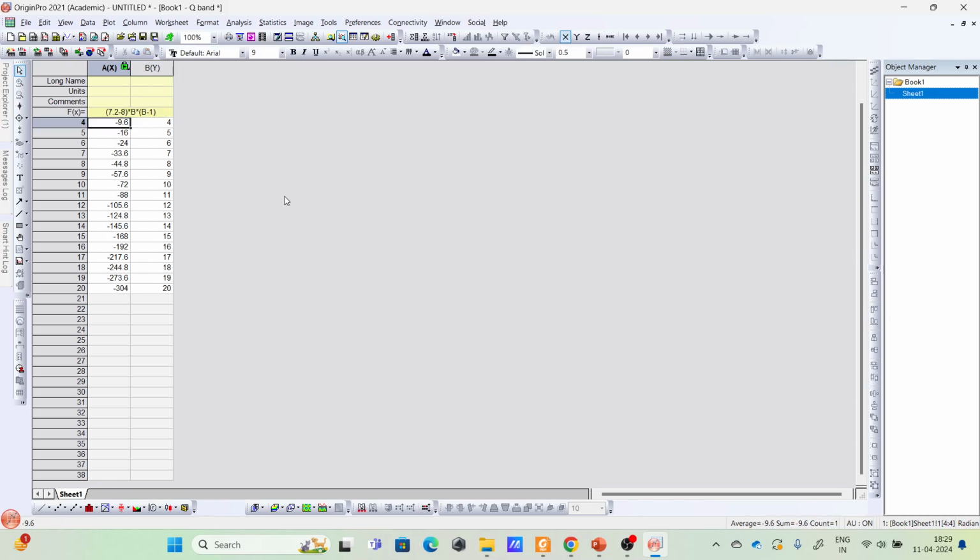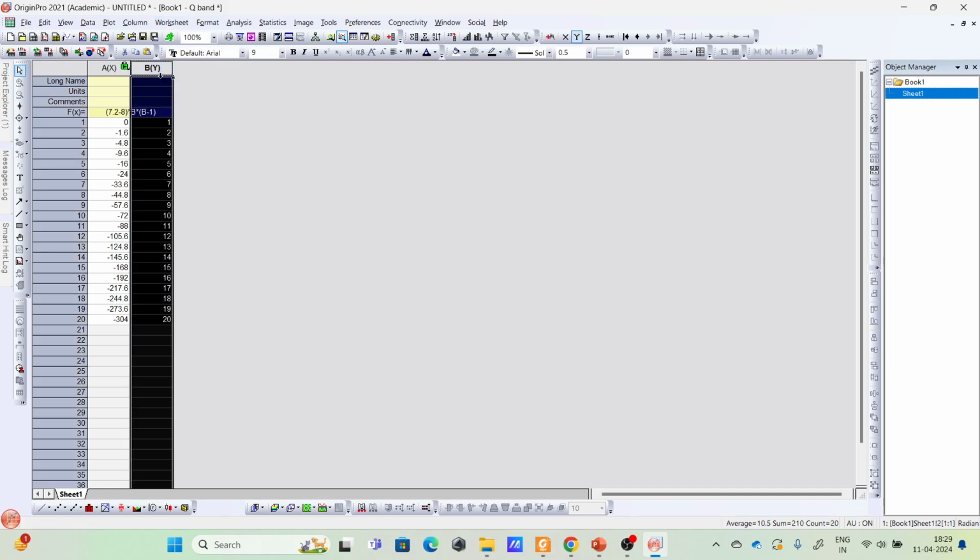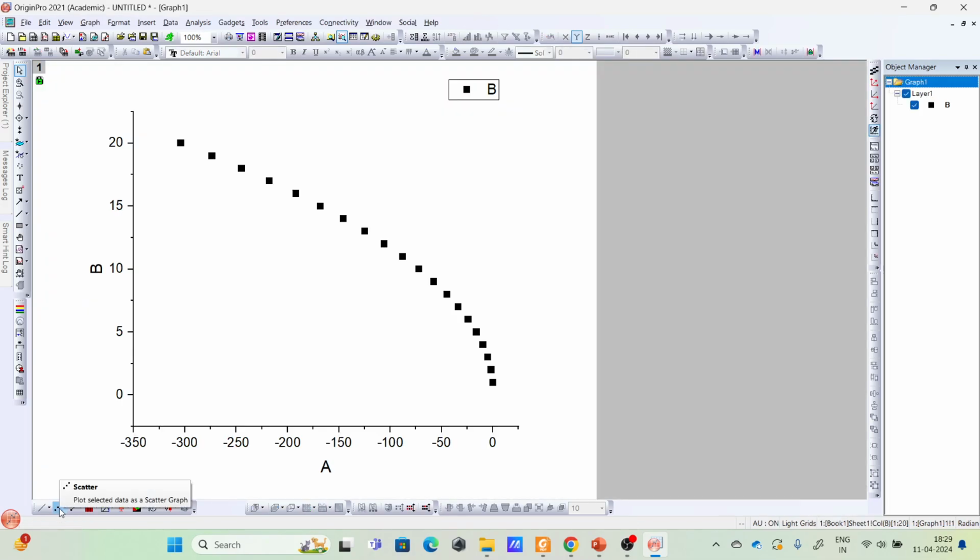This is going to give me my E dash energy, or nu bar, and this is going to give me my J double dash. So if I see it in a band, it will look like this. This is my Q band.